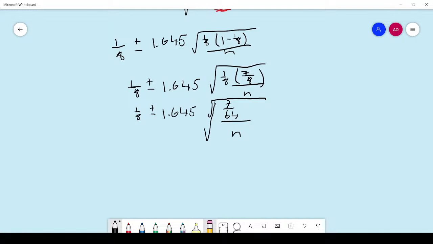So what we want to do is just square this whole thing and solve it for n. That's actually really messy. Oops. 7/64 over n. Just want to square that, rearrange it for n. So what will we end up with?